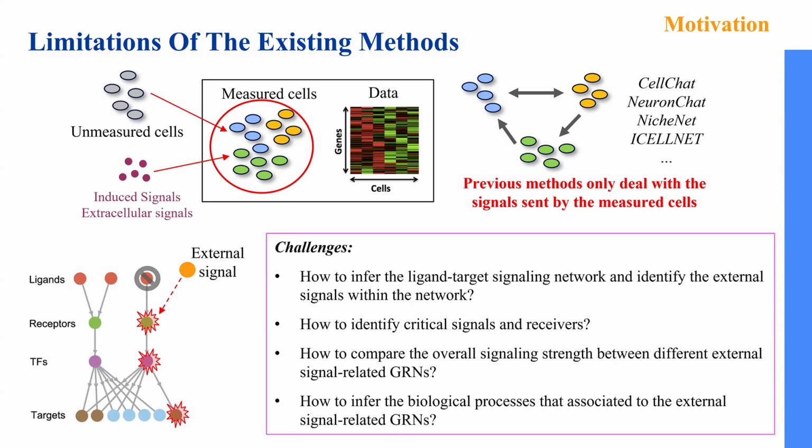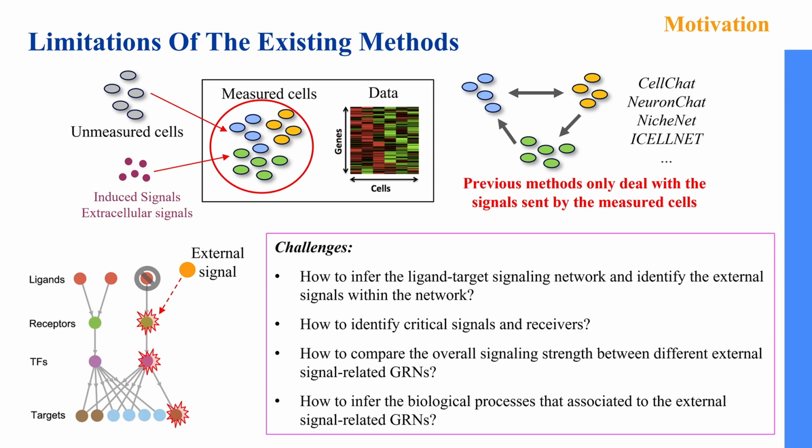So that's the basic logic. To have this computational method, there are a few challenges. The first one is how to infer the network, right? We have to have this network first, and then use the network and the data to identify the external signals. Of course, we may have multiple external signals, so how do we identify critical signals? And if we have multiple signals and multiple targets, how do we also identify the critical receivers, or the critical targets that receive the most signals?